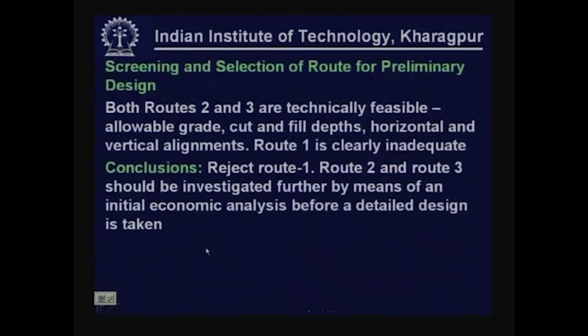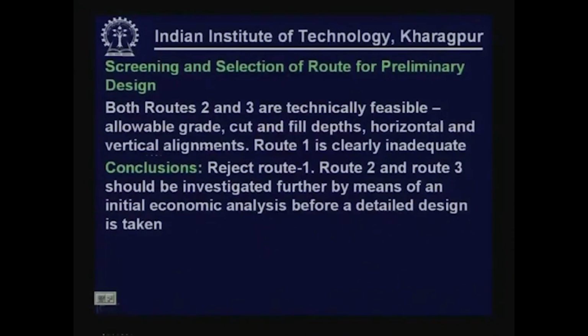So, in terms of screening and selection of routes for preliminary design, we find that both routes 2 and 3 are technically feasible in terms of allowable grade, cut and fill depth, and horizontal and vertical alignment, and route 1 is clearly inadequate. So, we conclude from this exercise that we reject route 1, where we could not satisfy all the requirements, but we take route 2 and route 3 for further investigation.